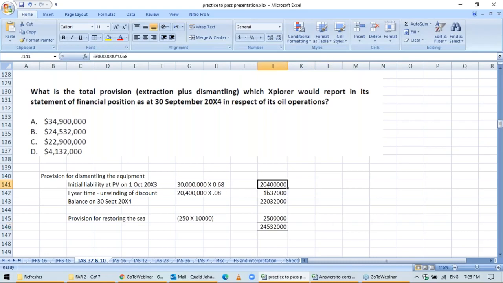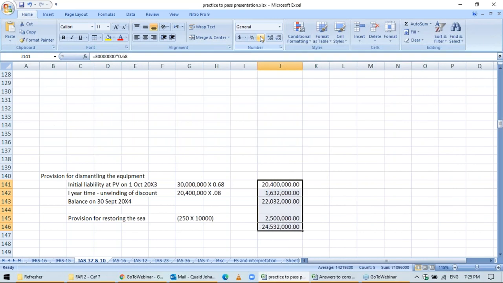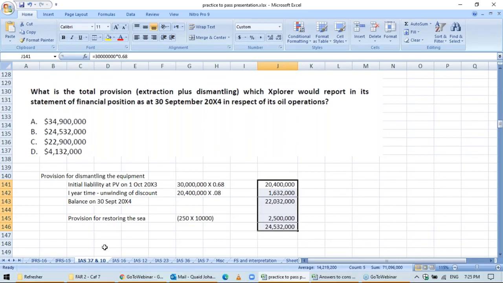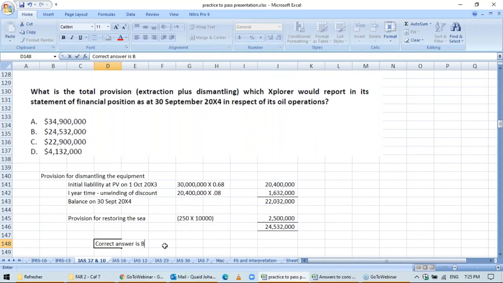So that's the correct answer, and it's B, the option B. Okay, let's move on to the next question now.